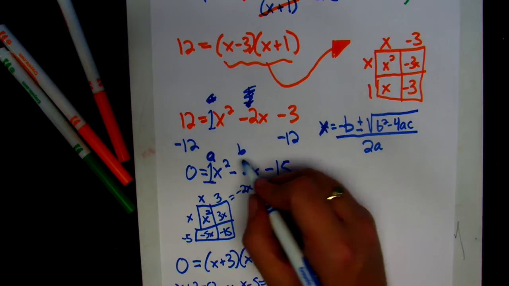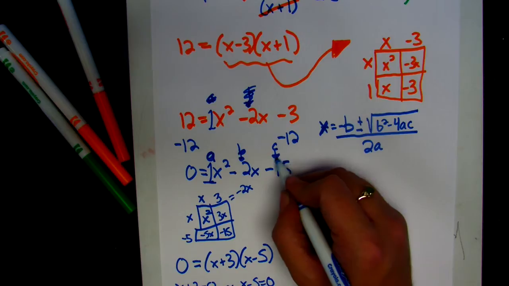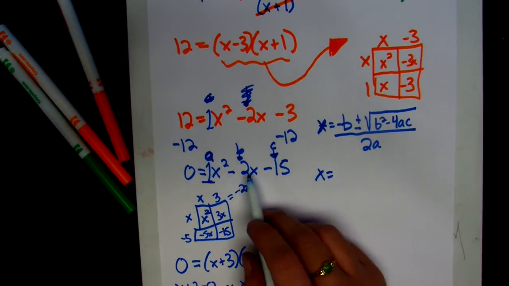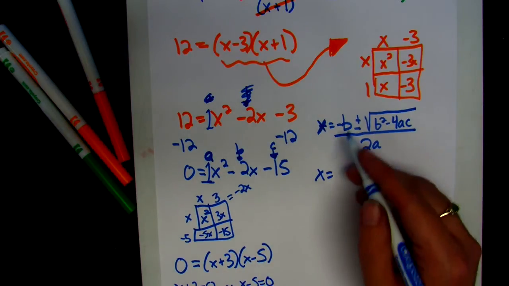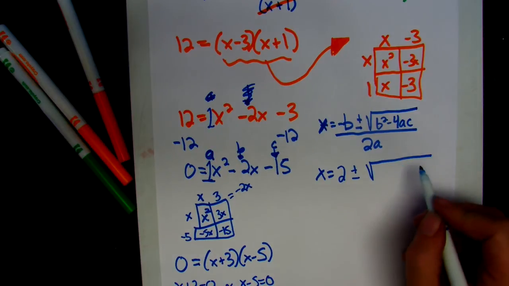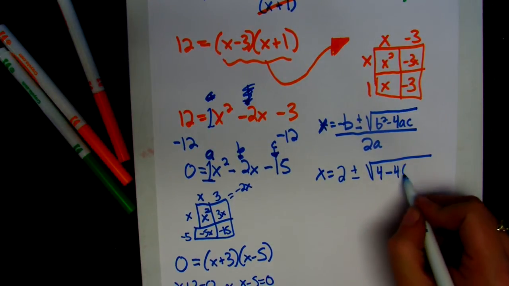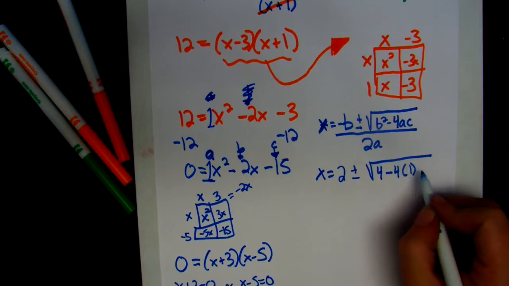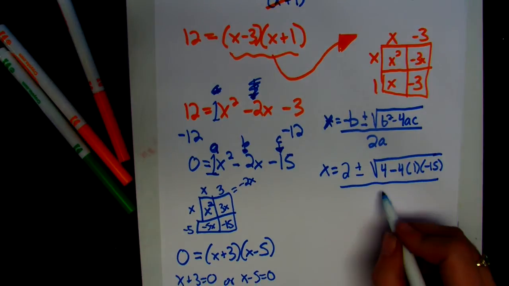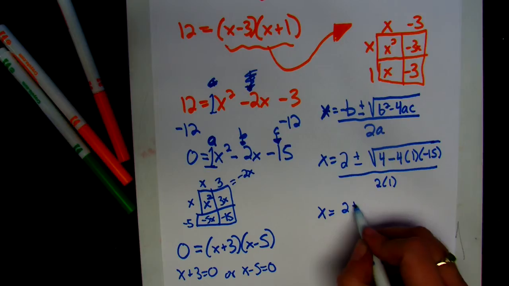B is negative 2, and c is negative 15. So we have negative b. So b is negative 2. So we have negative negative 2, which is positive 2, plus or minus the square root of negative 2 squared, which is 4, minus 4 times a, which is 1, times c, which is negative 15, all over 2 times 1.